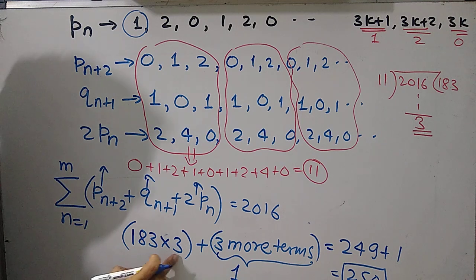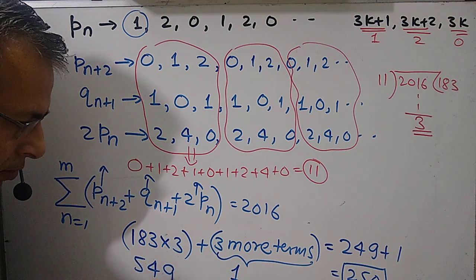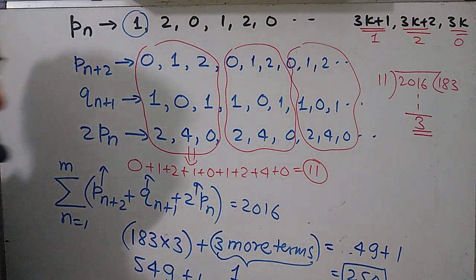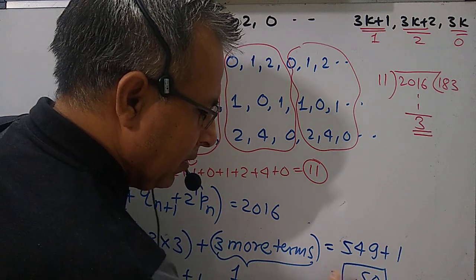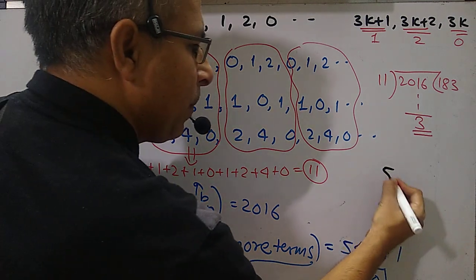It is 183 into 3, which is 549, plus 1. So this quantity will be 550. So the final answer of this question is 550.